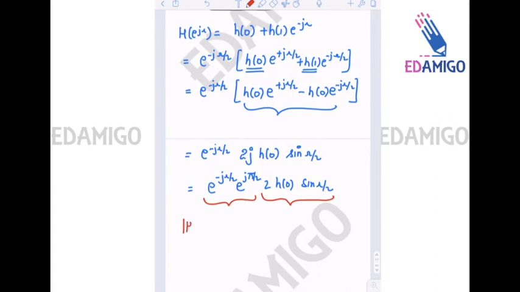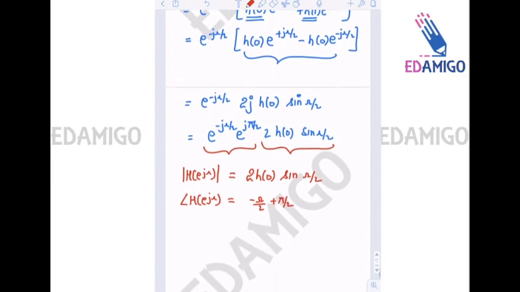So I can say that the magnitude of H e to power j sigma is equal to 2h0 sine of sigma by 2, and phase will be minus sigma by 2 plus pi by 2.